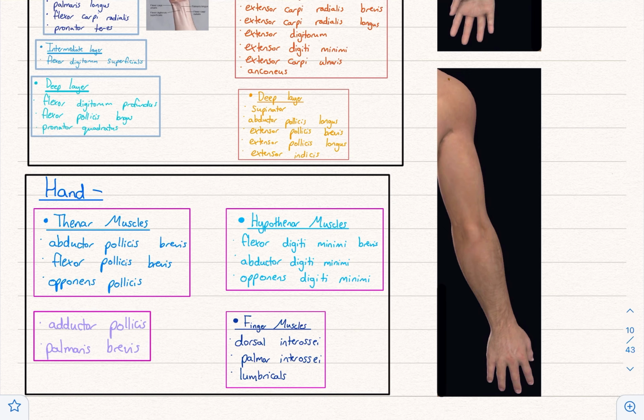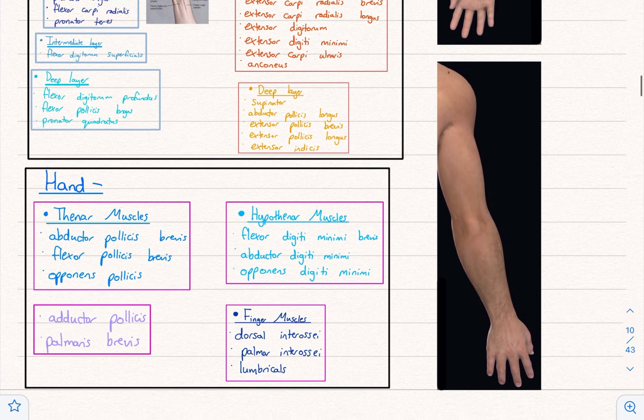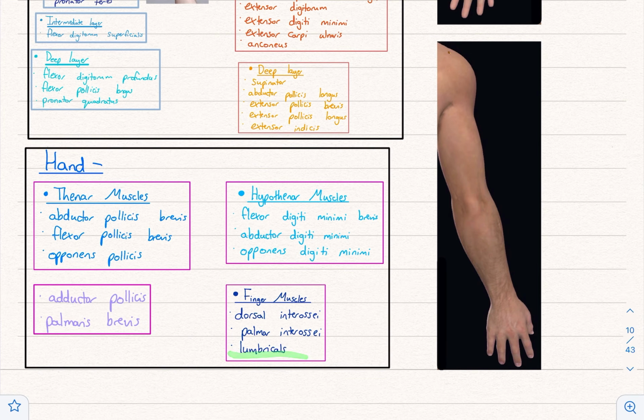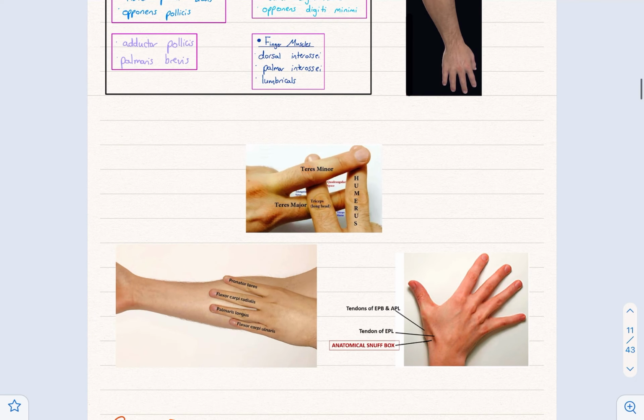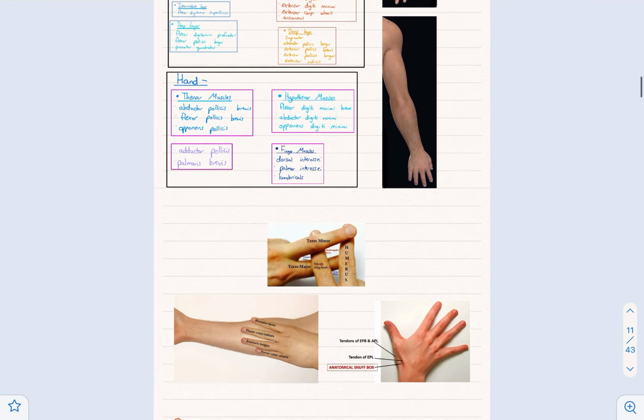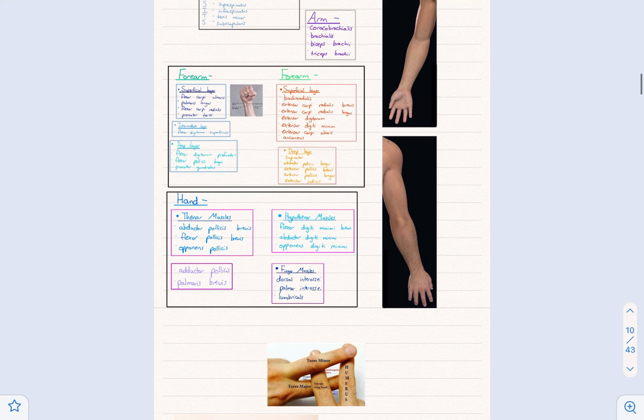The way I think of it is the way a sock puppet hand moves is the lumbricals. Lumbricals is actually the same word for worms, but that's just a random point. Okay, so next, that's basically the hand and all of that sorted in terms of the muscles.